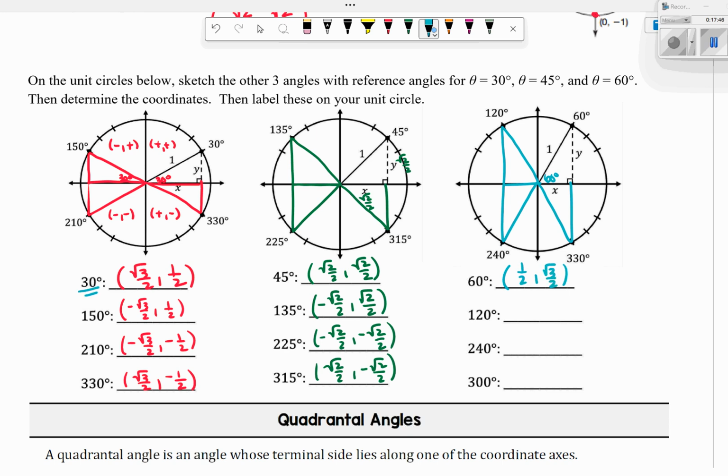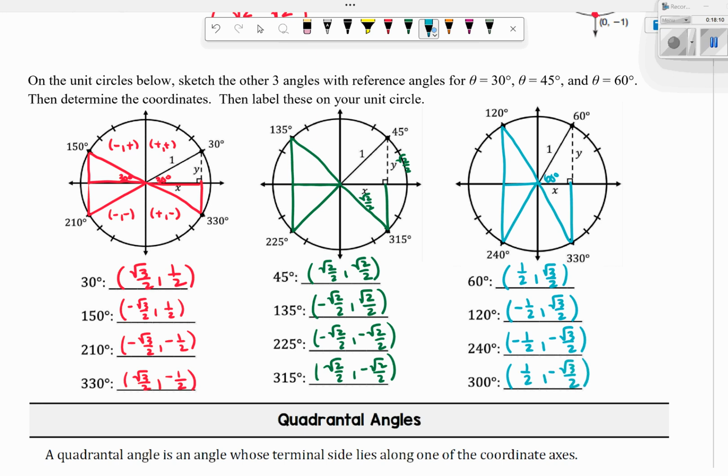It just switches from our 30 degrees because we're using the same triangle, but flipping it so that the reference angle is 60 degrees instead of 30 degrees. So then this would be negative 1/2 and root 3 over 2, negative 1/2, negative root 3 over 2, and, excuse me, 1/2, negative root 3 over 2.